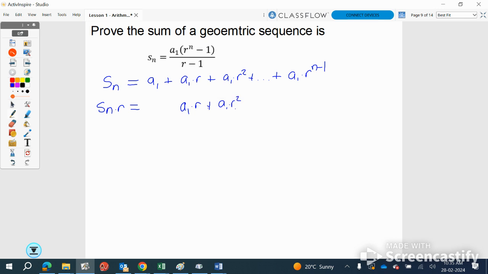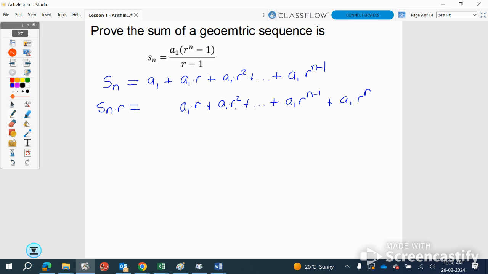A1 times R squared, plus dot dot dot. If I multiply the penultimate term, I get A1 times R to the n minus 1, and if I multiply the last term, I get A1 times R to the n. Notice how when I multiply by R, each term in the sequence moves one space to the right. The first term becomes the same as the second, the second the same as the third, the penultimate becomes the same as the ultimate, and the ultimate moves out beyond the end.